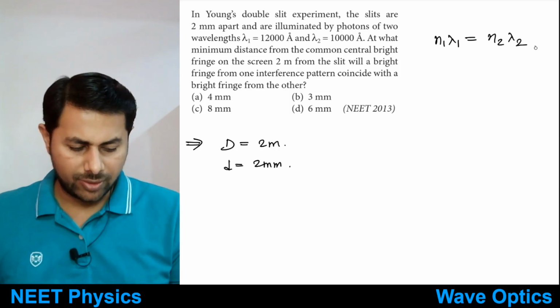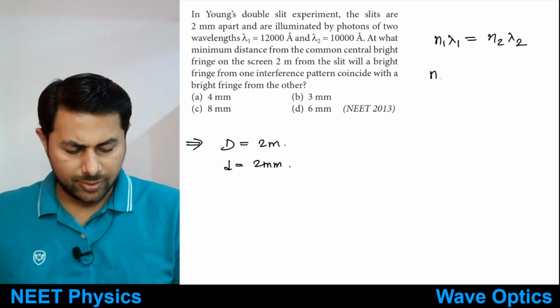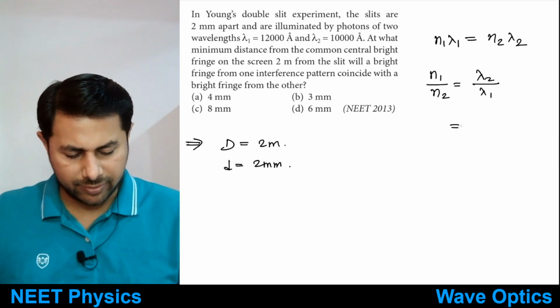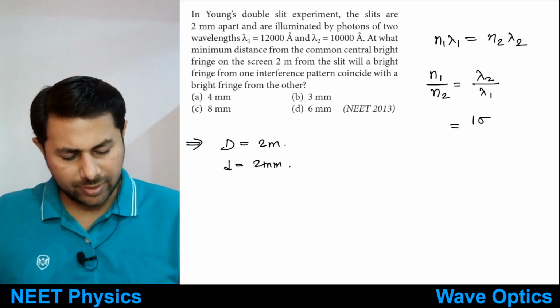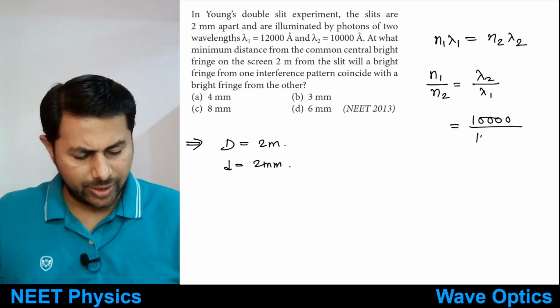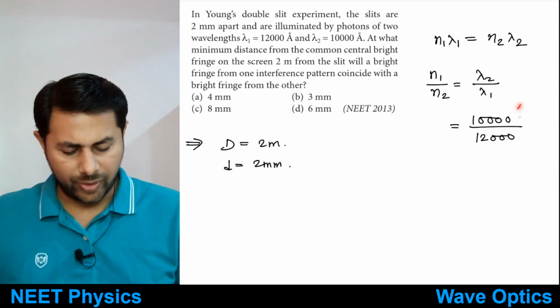So we need to find out that minimum n1 and n2, right? So n1 is to n2 would be equal to what? Lambda 2 is to lambda 1, and that is equal to, lambda 2 is 10,000 angstrom unit, lambda 1 is 12,000 angstrom unit. That is 10 is to 12 or 5 is to 6.